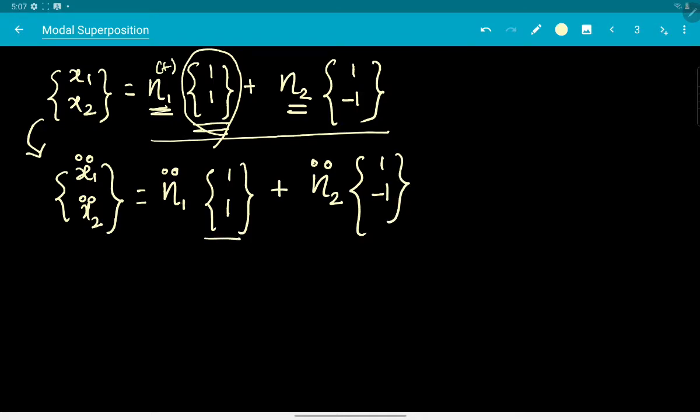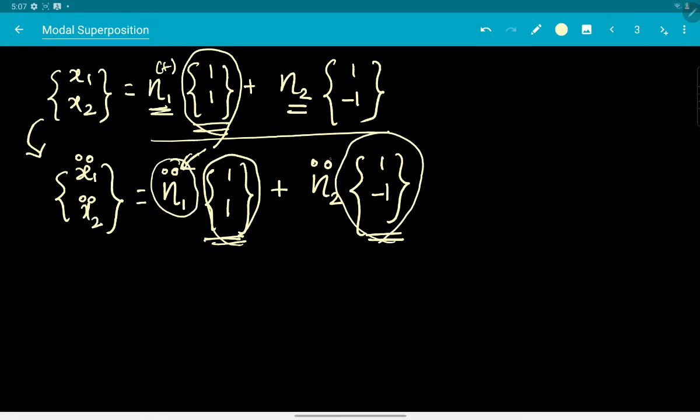So time derivatives are going to come over here and sit over here. These mode shapes have nothing to do with time differentiation, so the time differentiation is accommodated in these contribution coefficients, these etas.